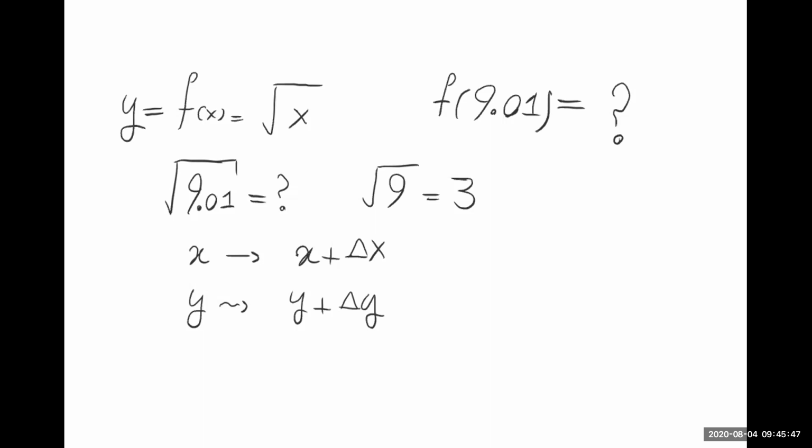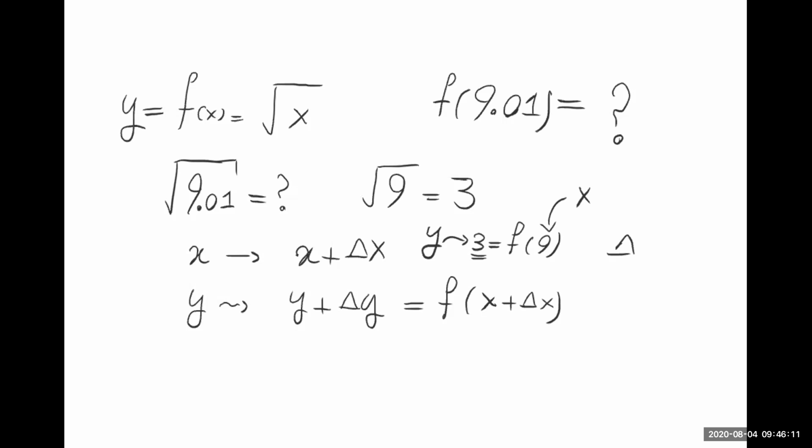So y plus delta y is f of x plus delta x. Here I know that f of 9 is equal to 3, right? This is the value of x, 9. This is the value of y, 3. What is delta x? Delta x is the amount I'm changing x. Here it's 0.01. And what I'm looking for is this delta y. What is this delta y?